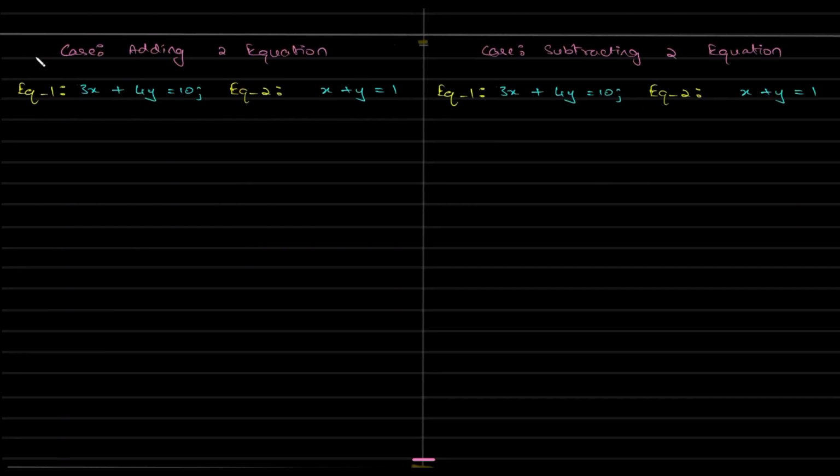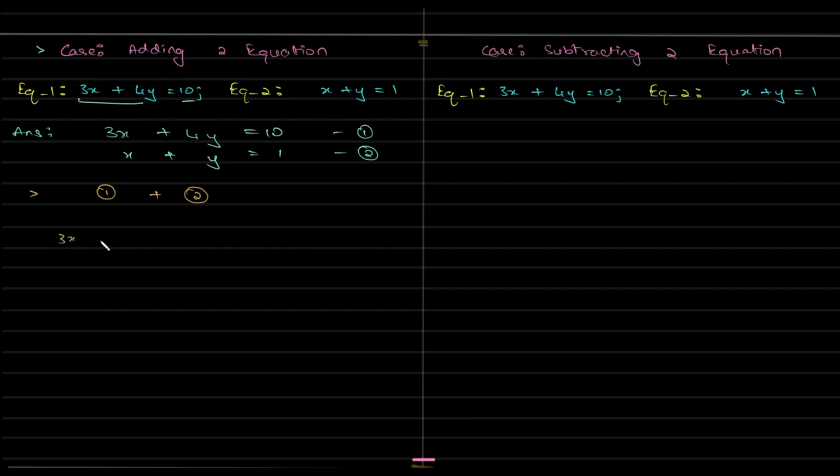Now let's look into adding two equations. It's not that different because by default an equation is made up of expressions. It's not a combination of expressions; it is two expressions being equated, right? So let's look at the two equations. That's my equation 1, and x plus y is equal to 1 is my equation 2. So we are looking at adding 1 and 2.